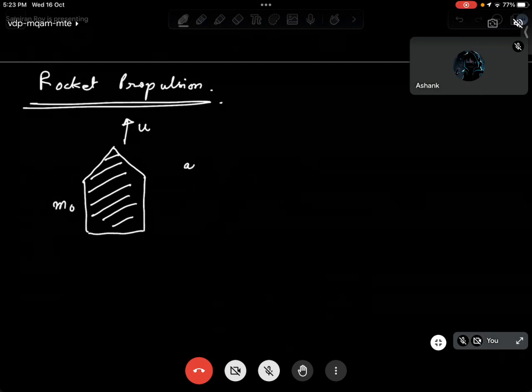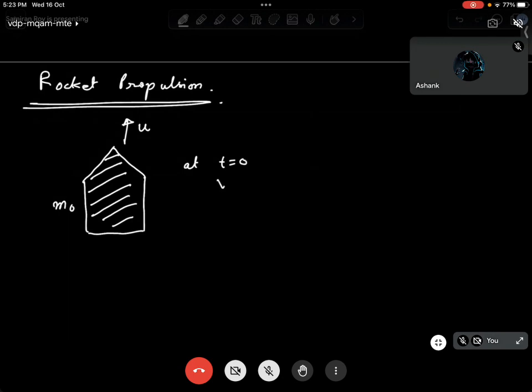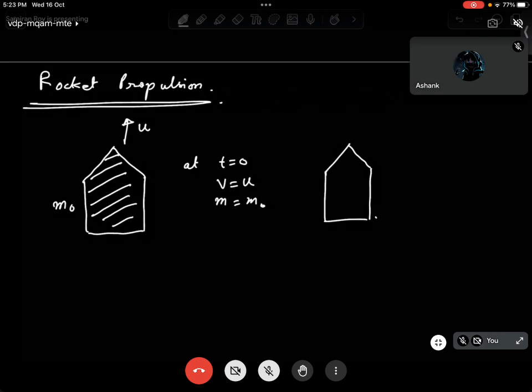At t equal to 0, velocity v equal to u, mass equal to m naught. After some time, there is a thrust force because of exhaust gas.